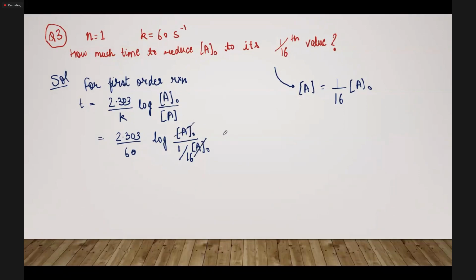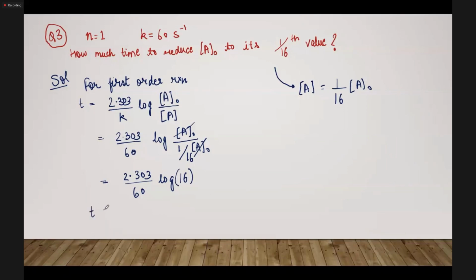ठीक है, तो फाइनली जो आपको एक्सप्रेशन मिलेगा, that would be 2.303 by 60 log of 16. That's it. ठीक है, so it's a numerical value.